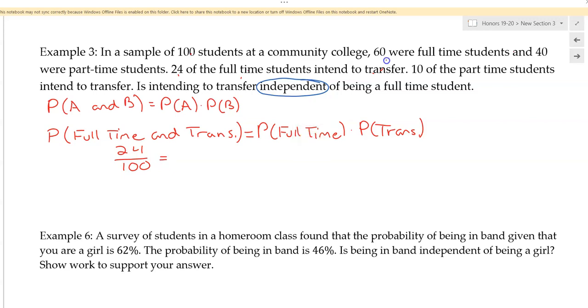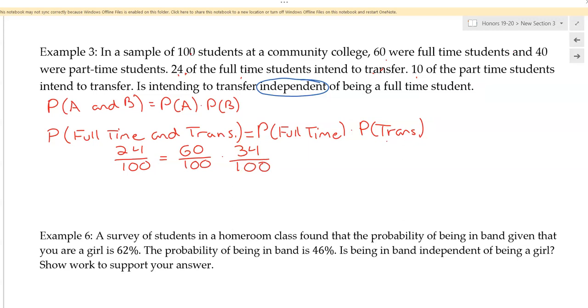Just full-time, 60 were full-time. Transfer, how many have transferred? 24 of these guys transferred, 10 of these, so that's 34 out of 100 who are going to be transferring.